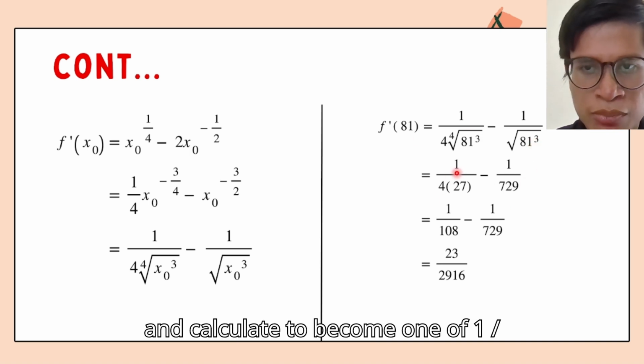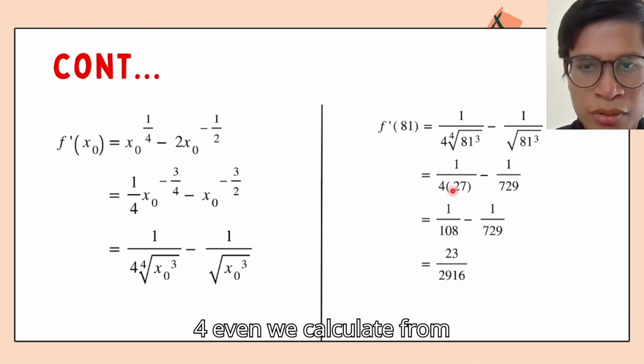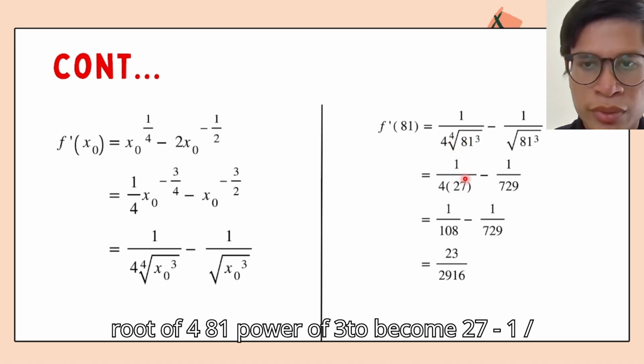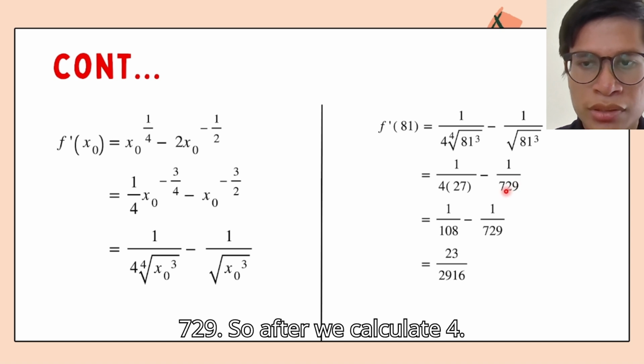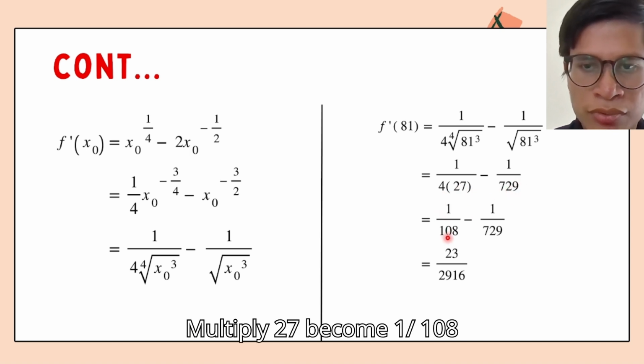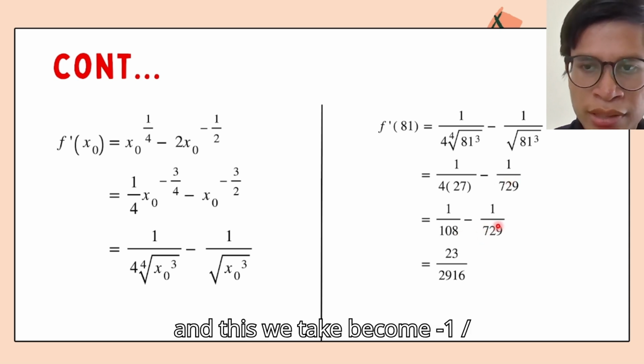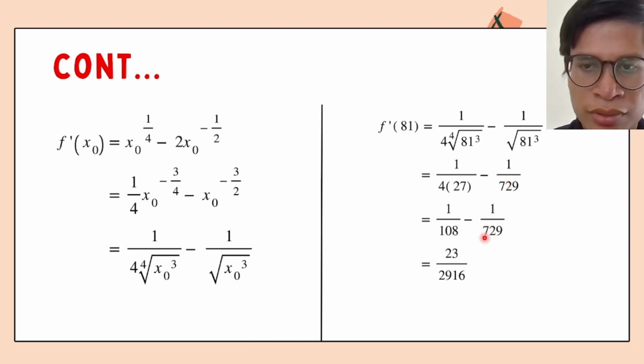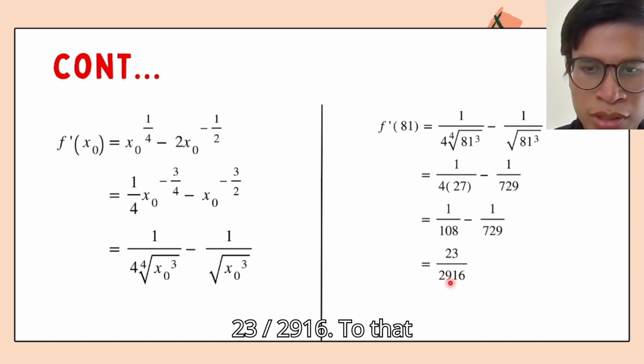And we calculate to become 1 over 4 times 27 minus 1 over 729. So 4 multiply with 27 becomes 1 over 108, and then negative 1 over 729. We calculate, we get 23 over 2916.